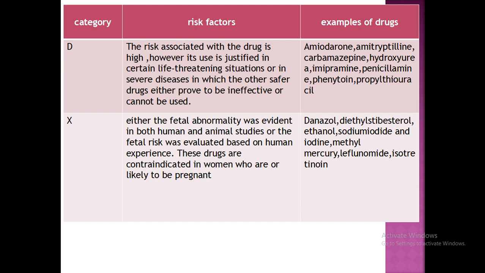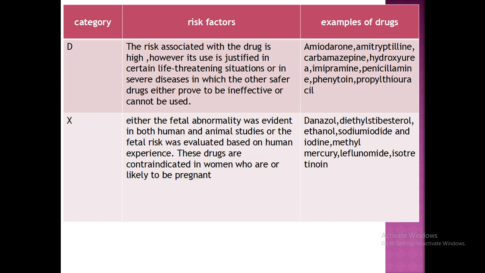So category D drugs have high risk, but we can justify the use in the mother, because if the mother is suffering from some life-threatening condition or severe disease, and if the alternative drugs are not effective in that mother, they are not working for the patient, then they have to go for category D.